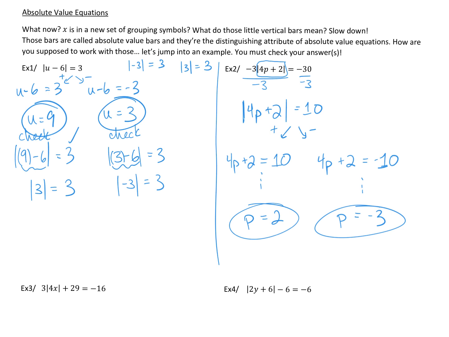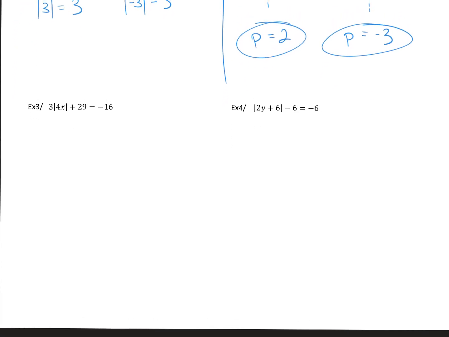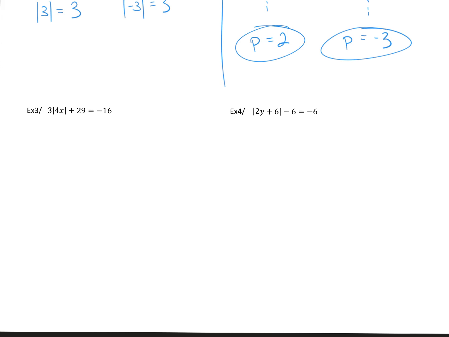Moving on to example 3. We can see again, just like in example 2, the absolute value is not yet isolated. So let me get that isolated really quickly here. There we go. What I did was subtract 29 and then divided by 3 to isolate the absolute value.